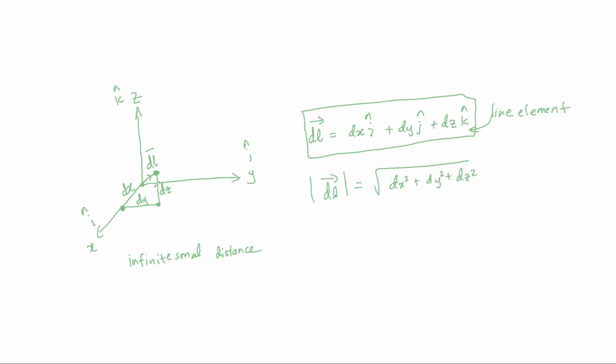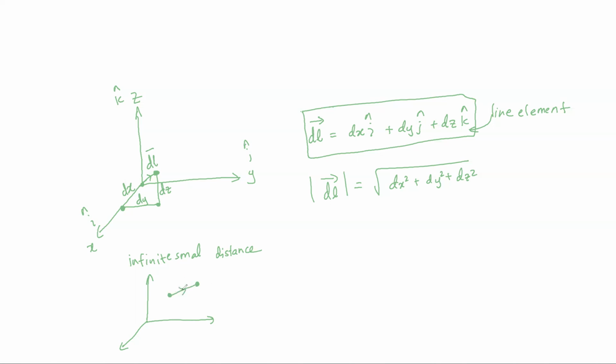So if, for example, we did not start from the origin, we started from somewhere in between, then we need to take the line element as the vector from the initial point to the ending point or the final point, right? If we started going from this point to another point in the space, then the line vector will be this.